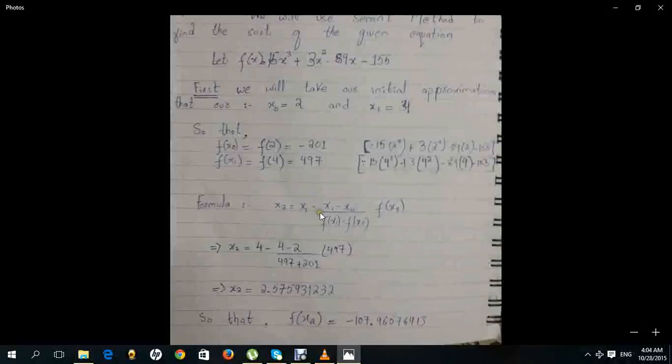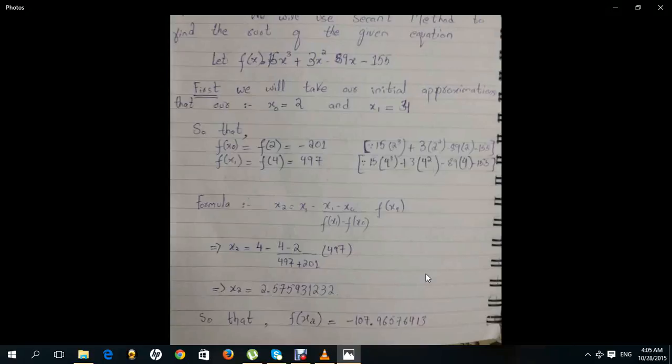As you can see, x1 is equal to 4, x0 is equal to 2, and f(x1), which we found by putting x1, which is 4, into our equation, is 497. Now we get a value of 2.575931232.